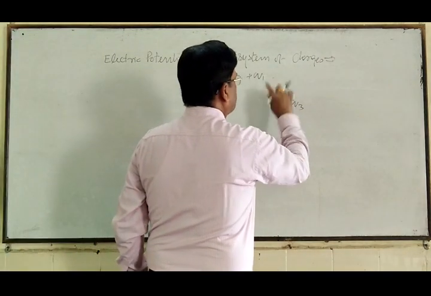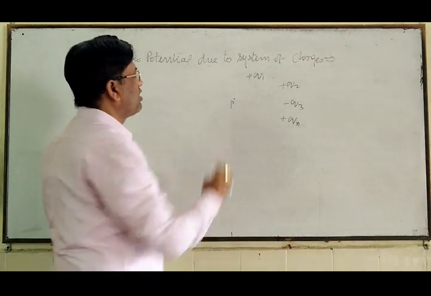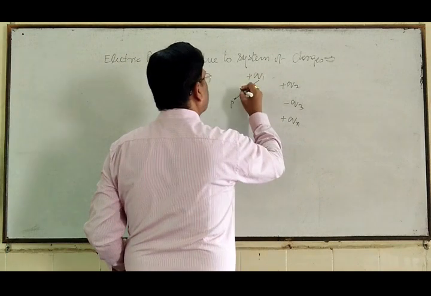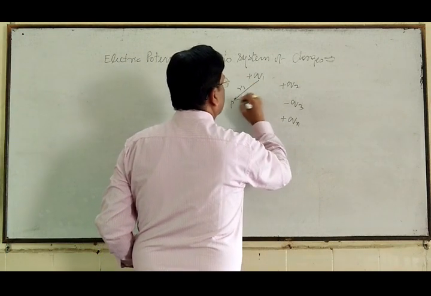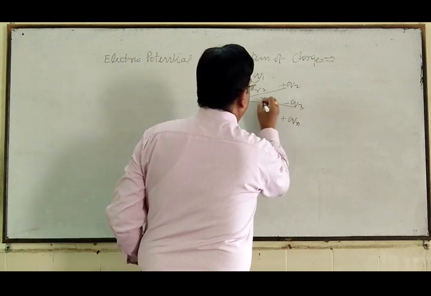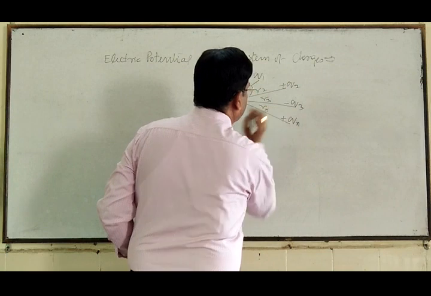Their distances from P are R1, R2, R3, and Rn.